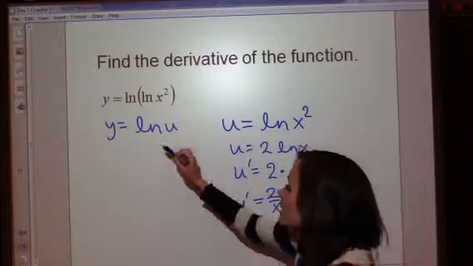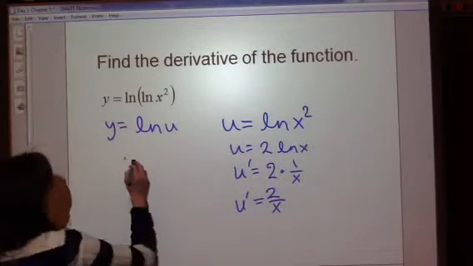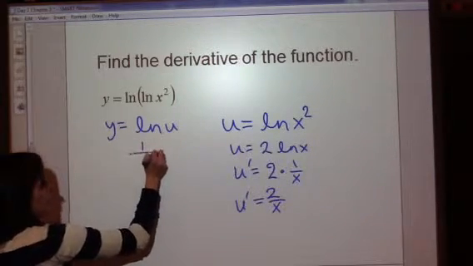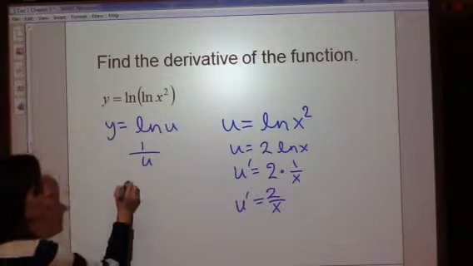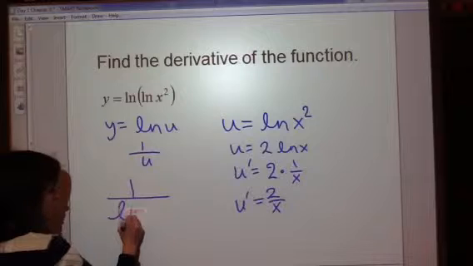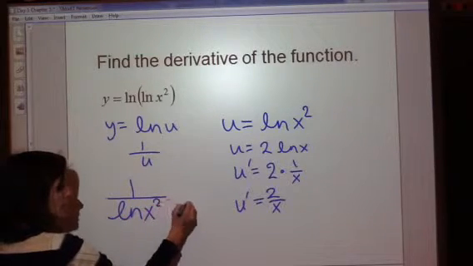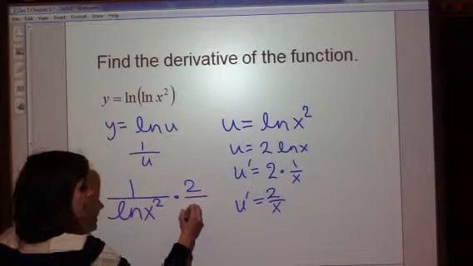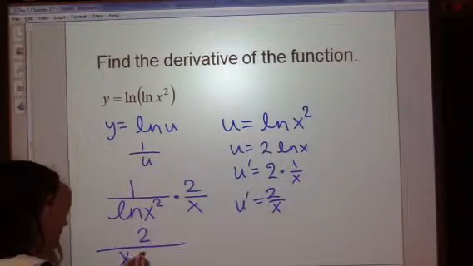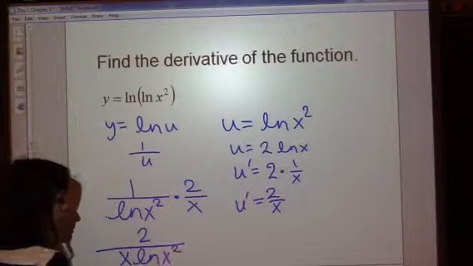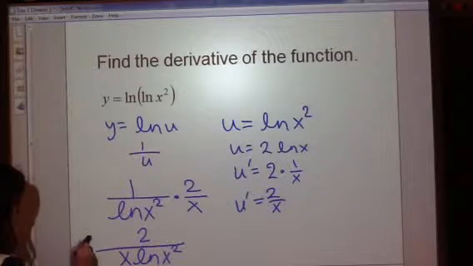Crazy, huh? You can say that here, your derivative of ln u is 1 over u. So we have 1 over u, which is ln x squared, times 2 over x. So you can combine, multiply across, so 2 over, I'm going to put that x in front. I'm not going to make it x cubed, because you can't bring it in there. And there you go.